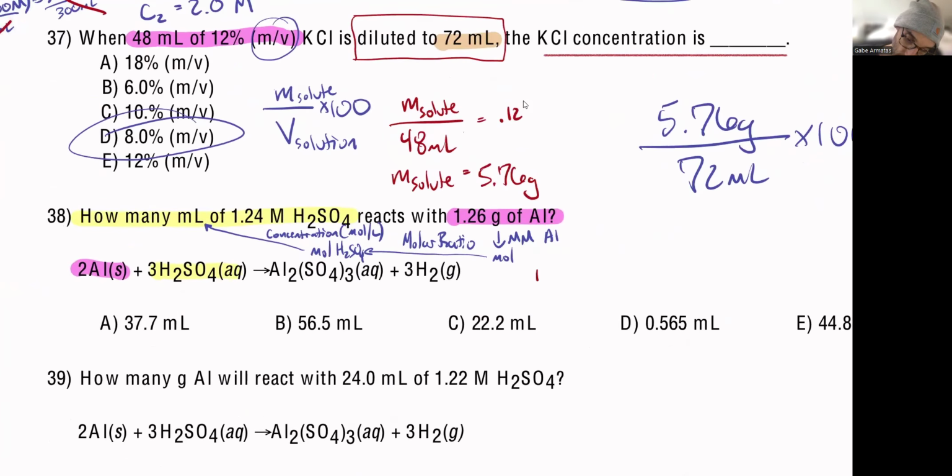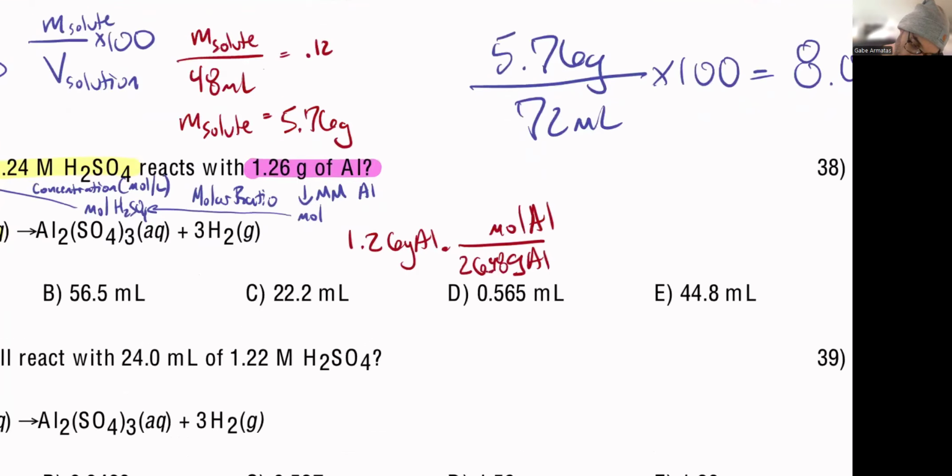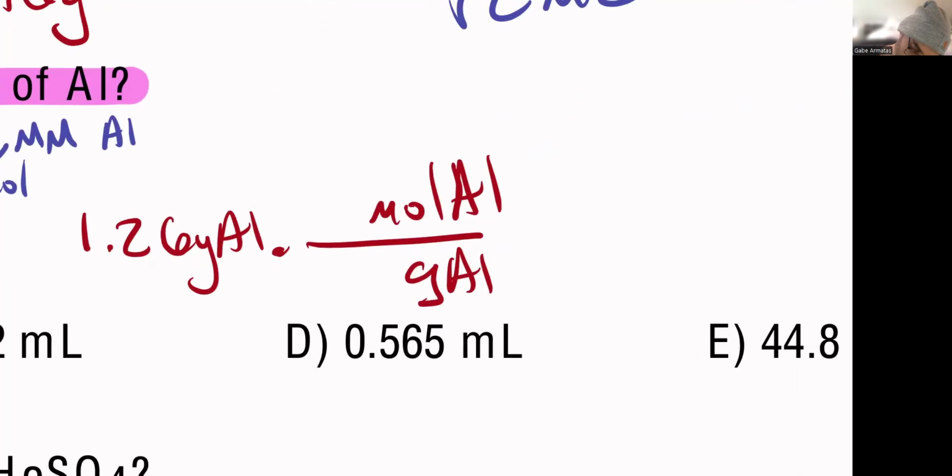So we are going to start with 1.26 grams of aluminum times fraction. I want grams of aluminum to go away. I want moles of aluminum to remain. 1 mole of aluminum is equivalent to, let me look up the periodic table, aluminum weighs 26.98 grams per 1 mole.